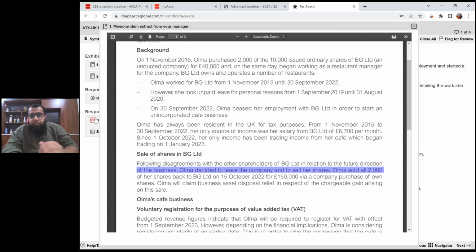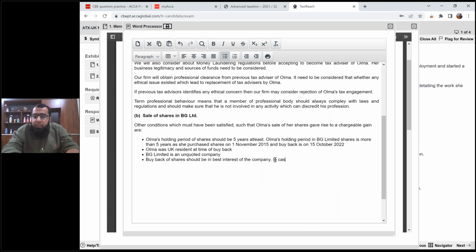Now, in the case of Alma's buyback of shares, there was disagreement of Alma with other shareholders. Therefore, it can be regarded that the repurchase was in the best interest of the company.